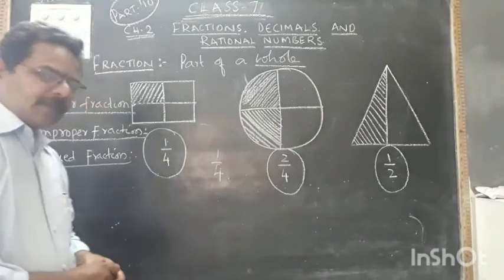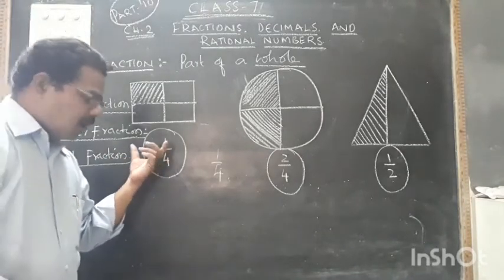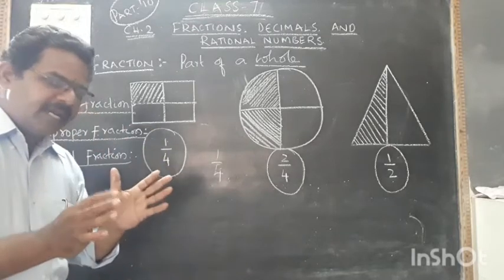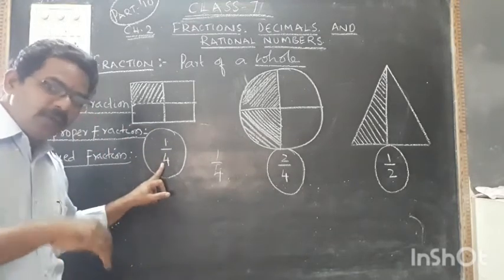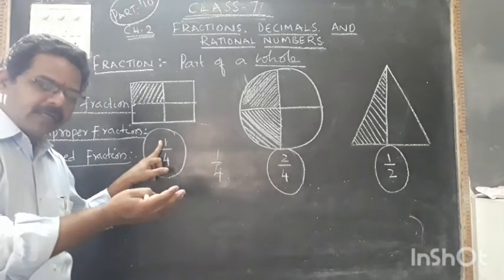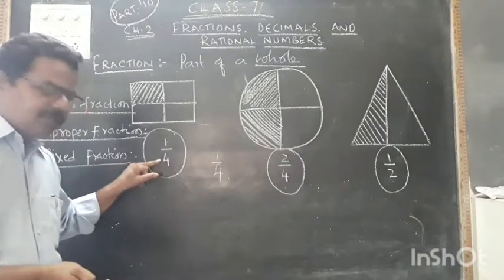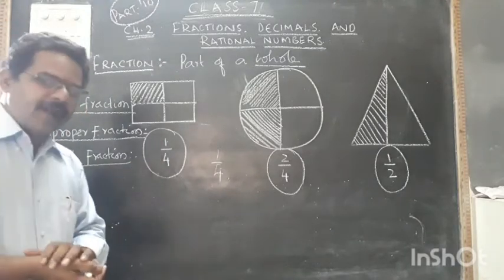So, proper fraction. Fraction means, I told you, these are the parts. The whole object is made into how many parts? In those parts, how many parts have we taken, shaded, or cut off? That's why we can call this 1 by 4 a fraction.